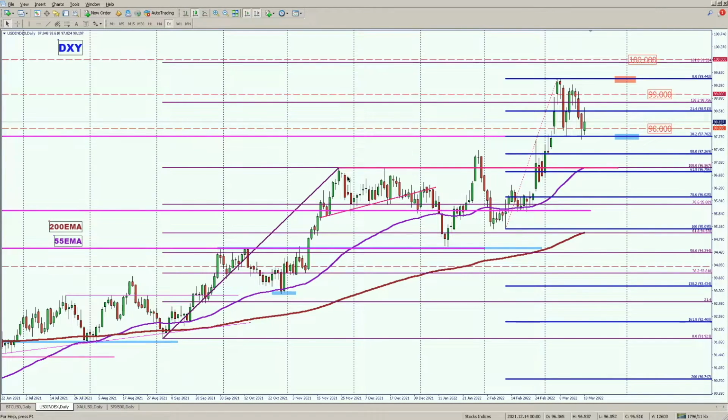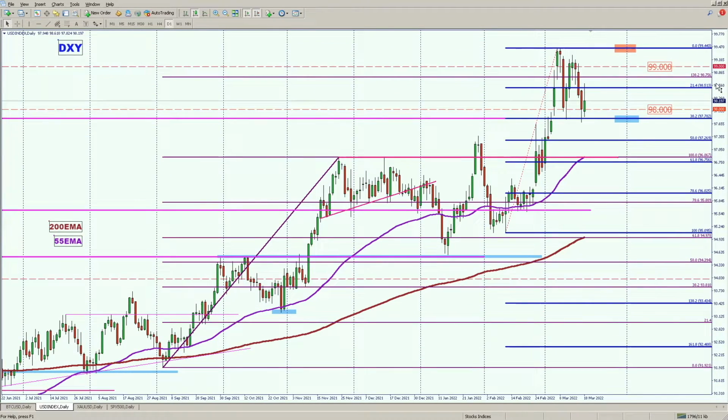The next target on this longer term fib extension is at the 138, which is right close to the 100 zero figure. So we'll leave that for now.